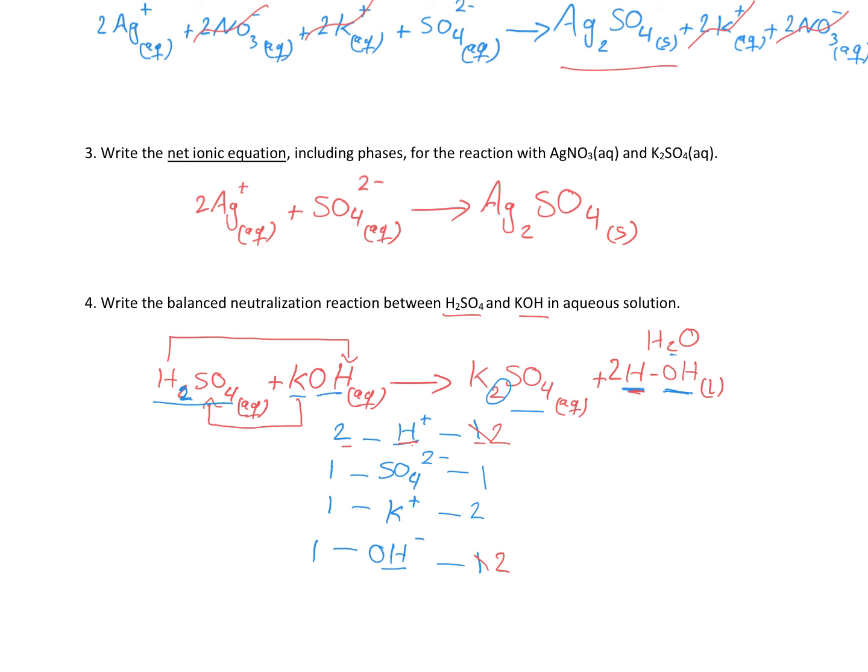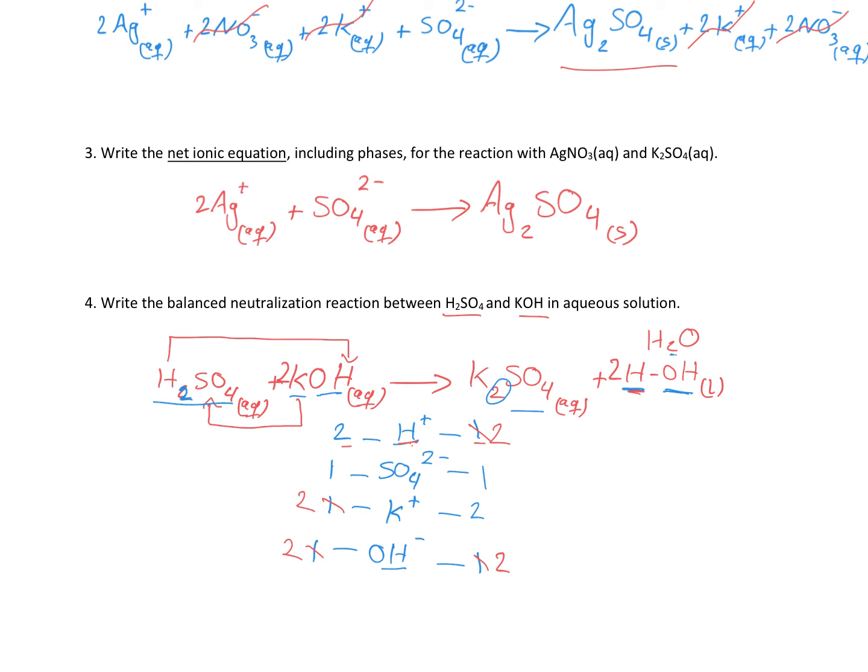Potassium, we have two in the product, one in the reactant, so we need two of that. If I write two here, now I have two potassium, and I also have two hydroxides, so I already balanced the hydroxide as well. So this is the balanced chemical equation, the neutralization reaction for sulfuric acid and KOH.